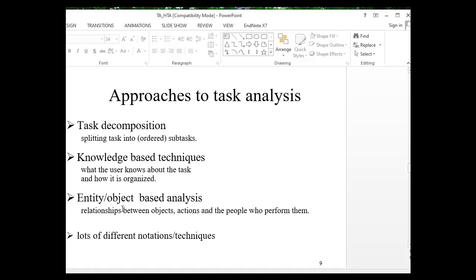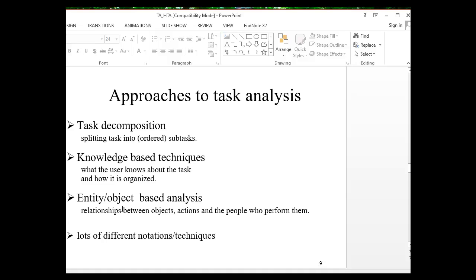Here we will check the associativity, the relation of entity and object, between object and action or human. We will check whether this object is related with this or that. We will check all these associations and similarities, and then we will order those in proper diagrammatical notations.